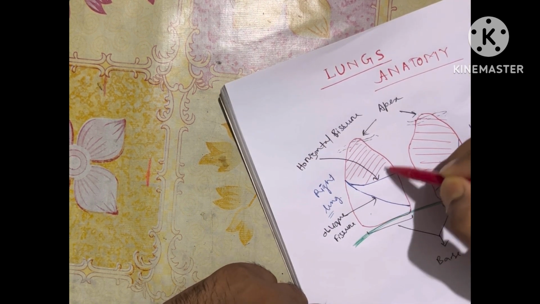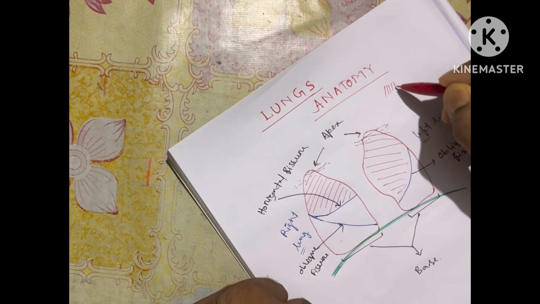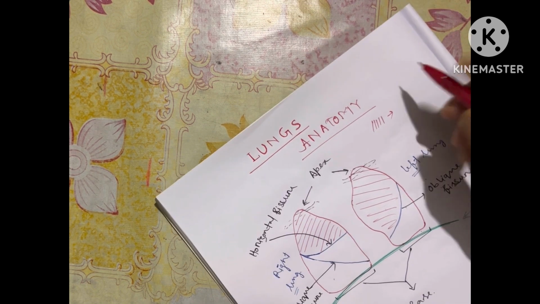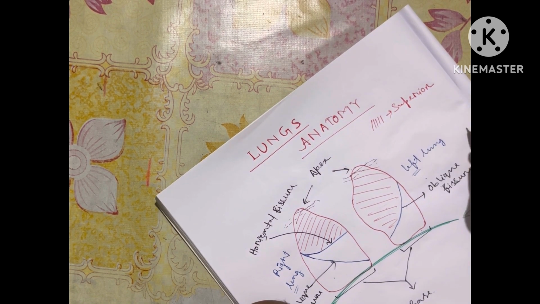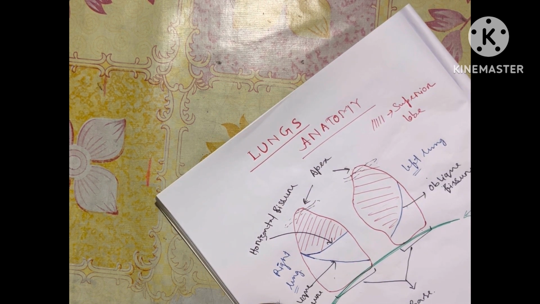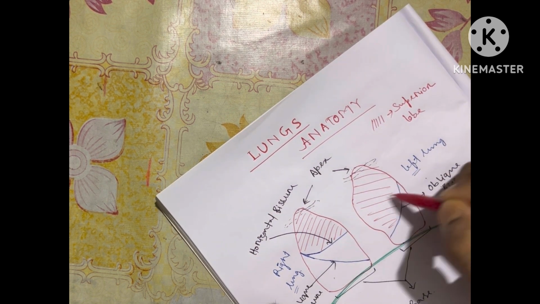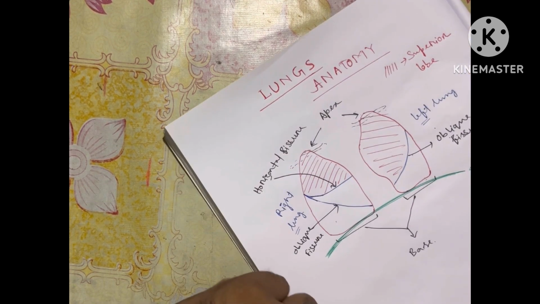This red color portion is called the superior lobe.